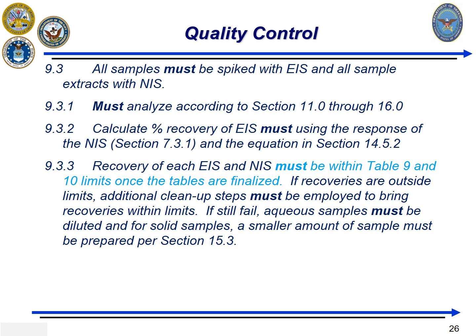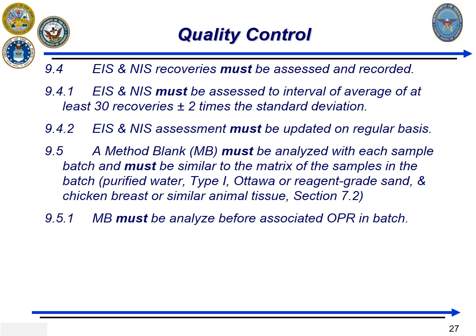If it still fails, aqueous samples must be diluted, and for solid samples, a smaller sample amount must be prepared per section 15.3. So these EIS recoveries and NIS recoveries that you've calculated must be assessed and recorded per the method, and they must be assessed to intervals of the average of at least 30 recoveries plus or minus 2 times the standard deviation per the method.